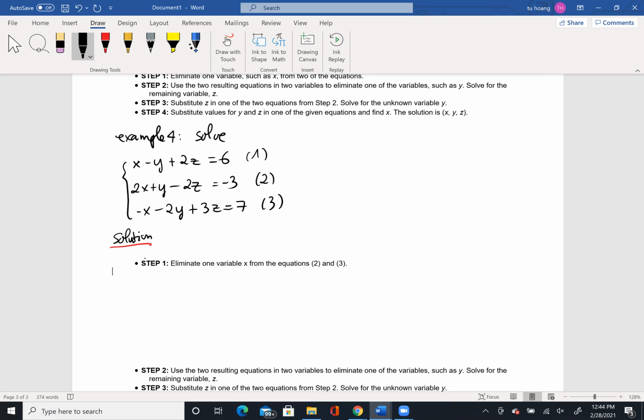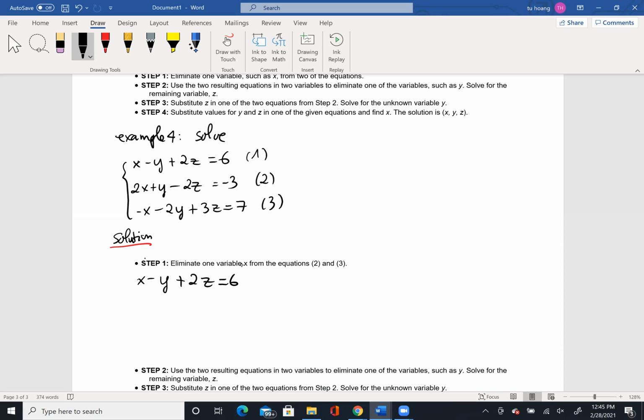So what I do was, for the second equation I need to use the first equation, so I'm going to write x minus y plus 2z equals 6.